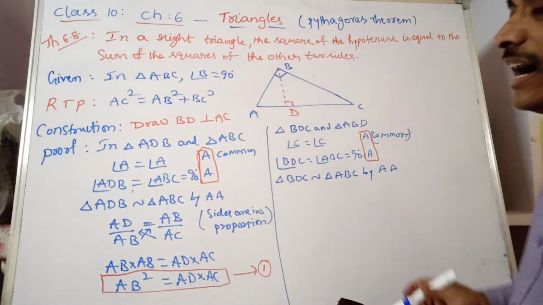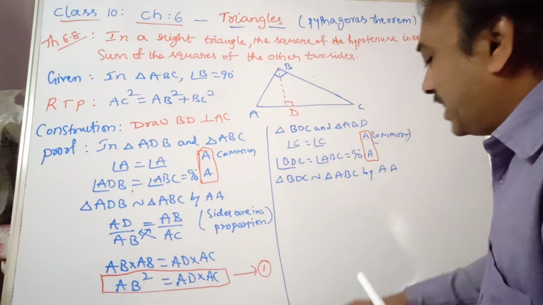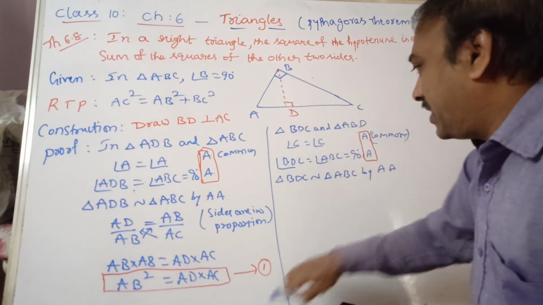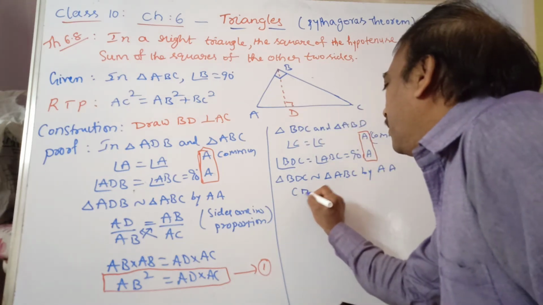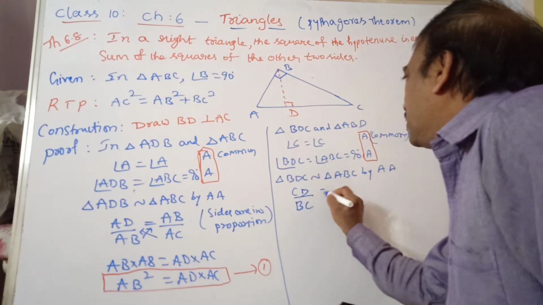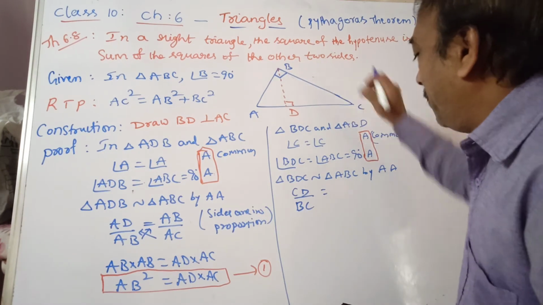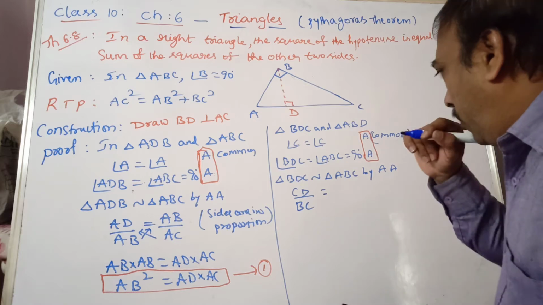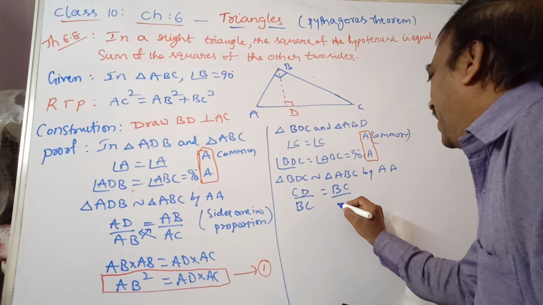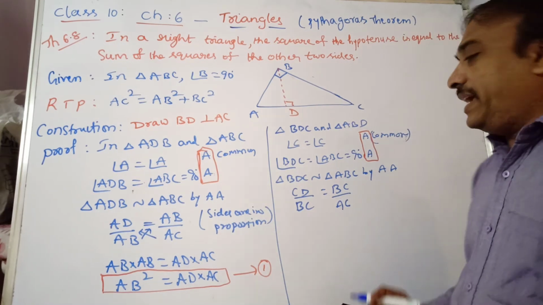Once the triangles are similar, their corresponding sides will be in proportion. So CD by BC is equal to BC by AC.